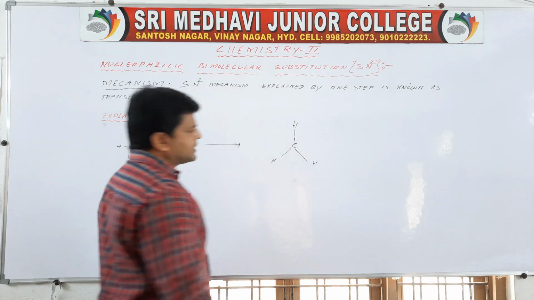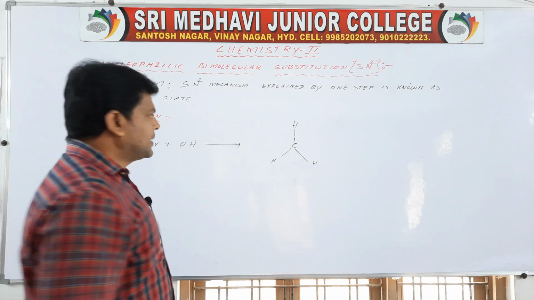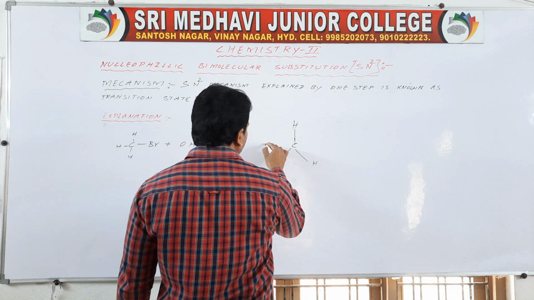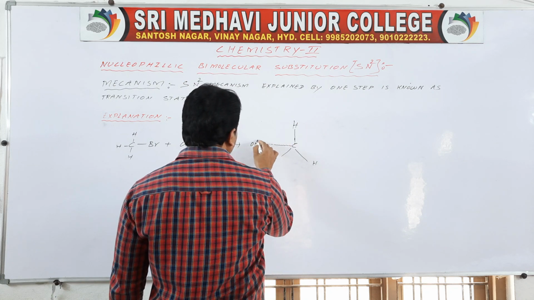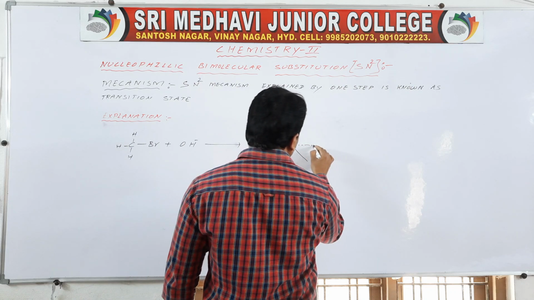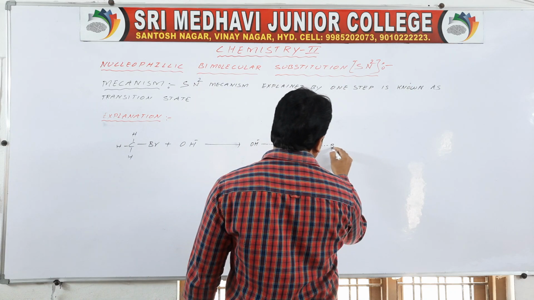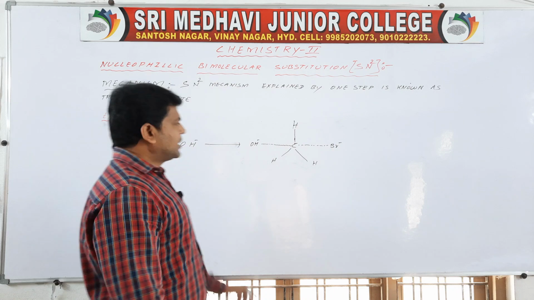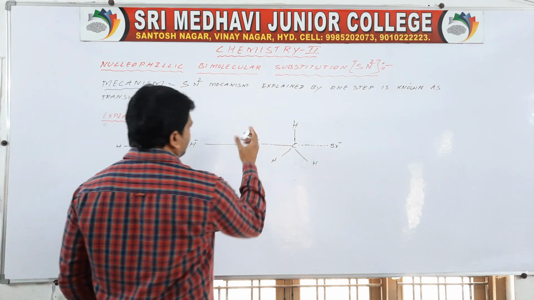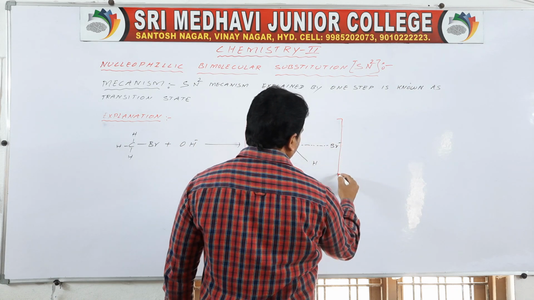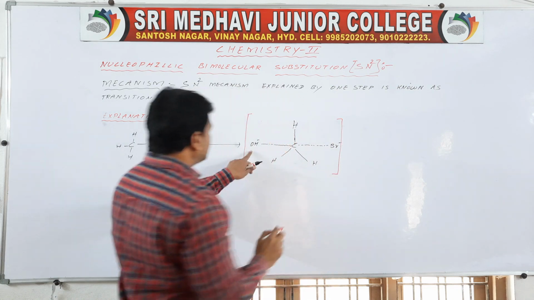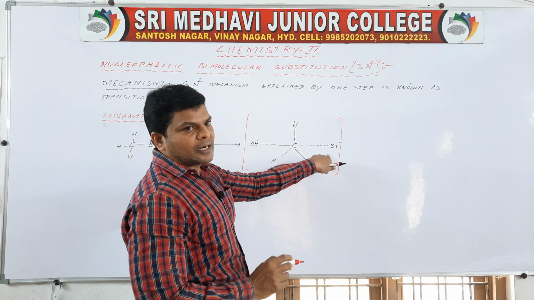We may give the configuration of three hydrogen atoms, and here OH minus attacks and Br minus cleaves. I am showing it in one step. Both OH minus attacks and Br minus cleaves.